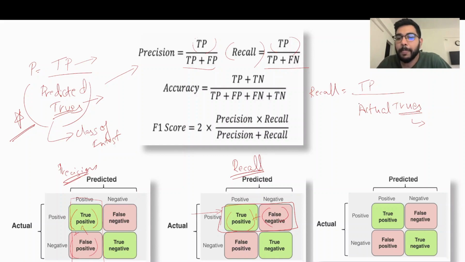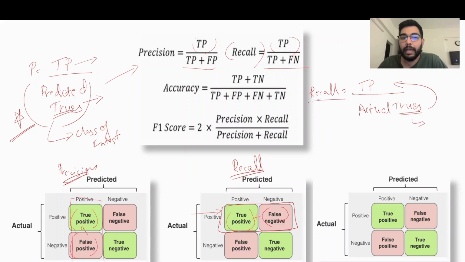In other words, of the actual truths which we had with us, how many of them were predicted as true by the model? If we relate this to our spam versus non-spam example, of the actual spam emails, how many of them were predicted correctly by the model as spam?